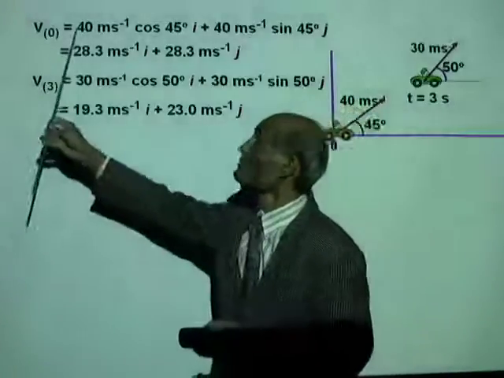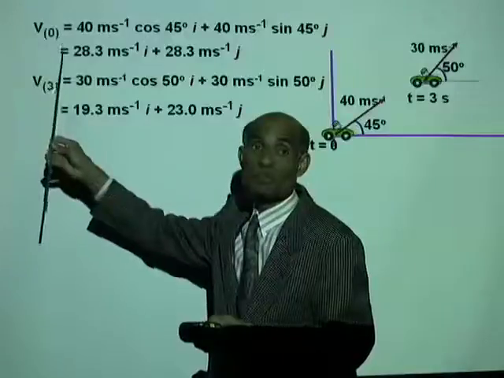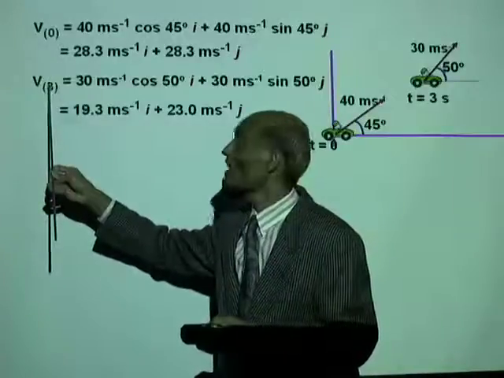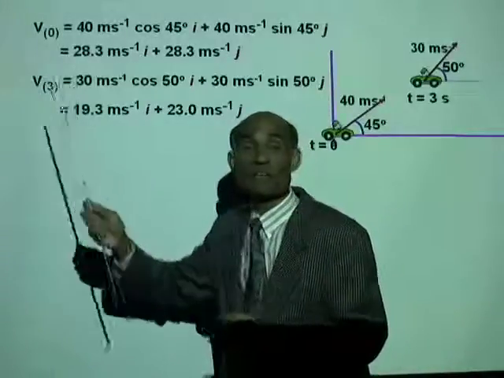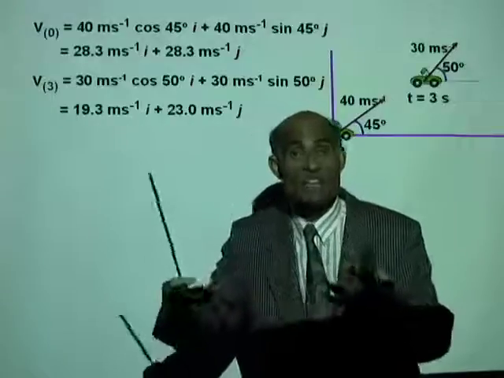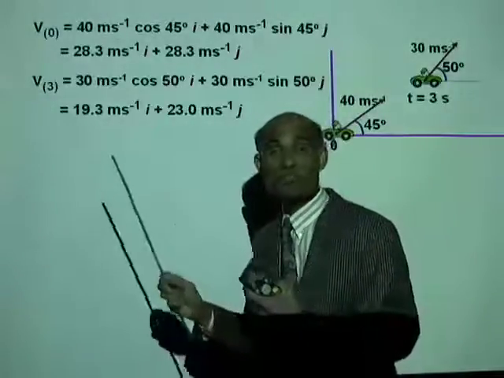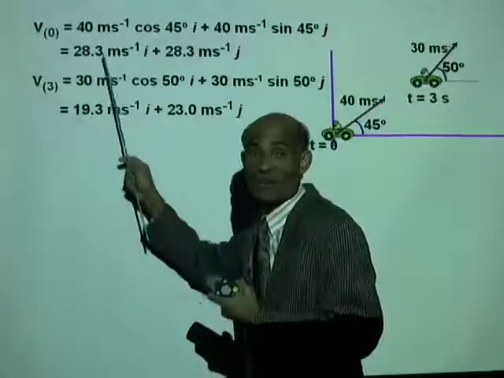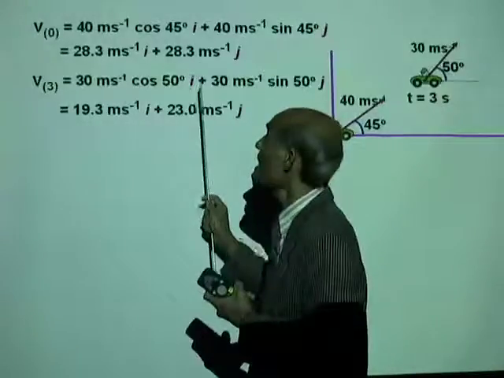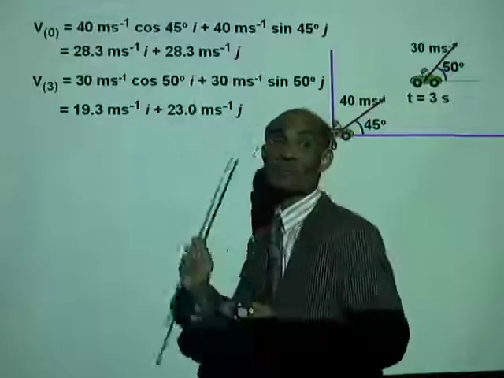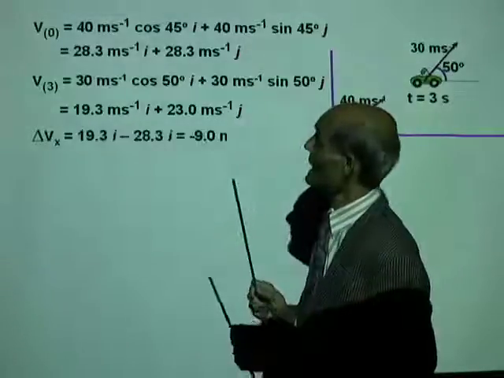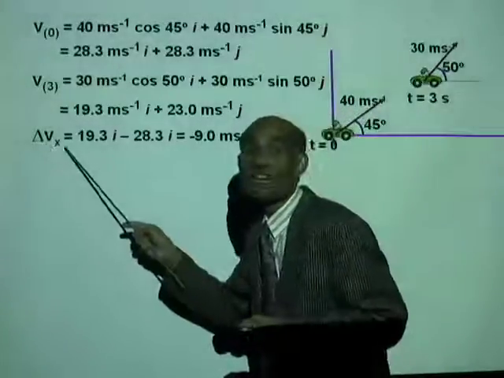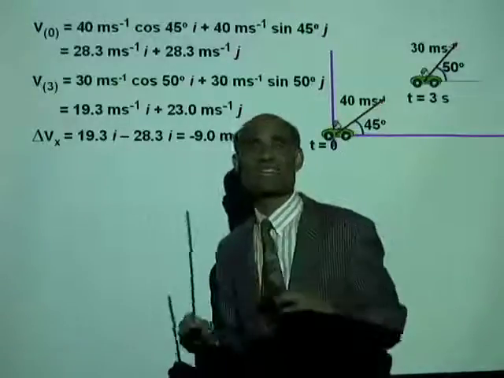Well, we know the velocity at t equal to 0. We know the velocity at t equal to 3. We can now find the change in velocity. But there is a change in velocity in the x direction and a change in velocity in the y direction. Alright, let's do that now. Delta Vx, what does delta Vx stand for?